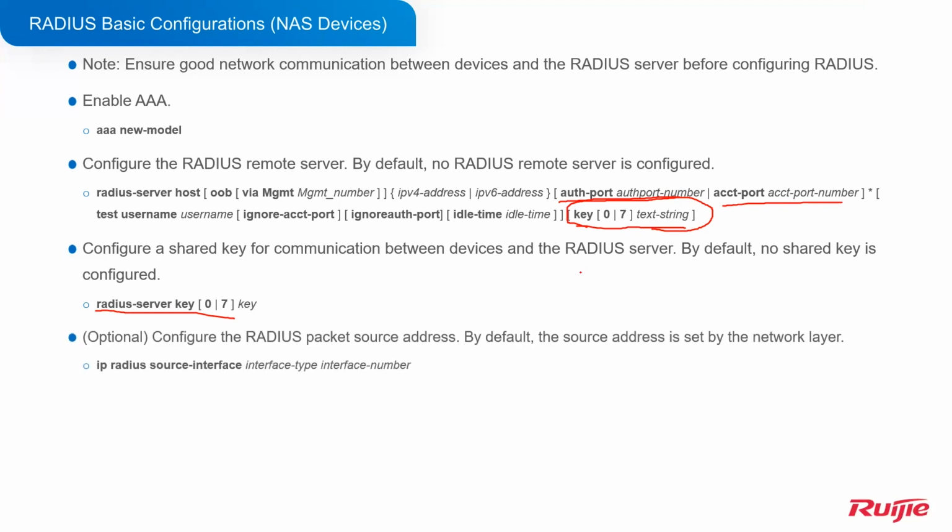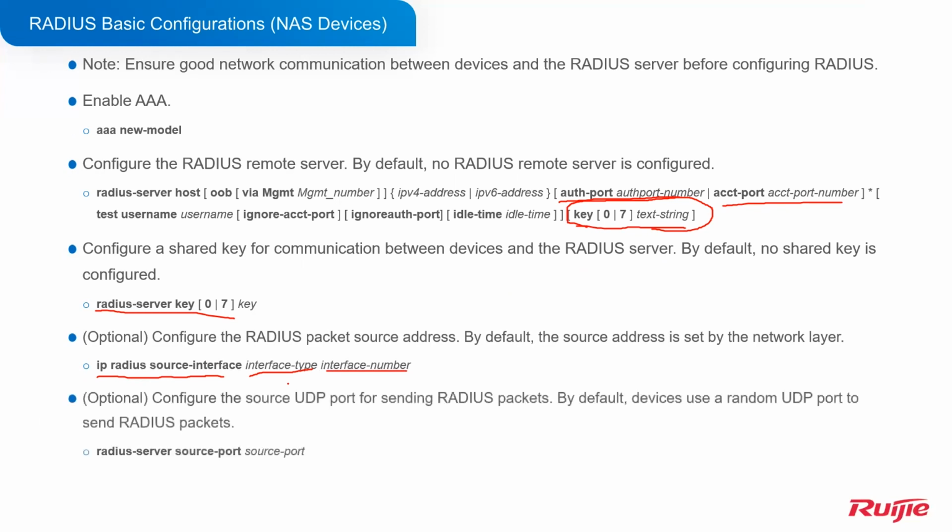By default, the source address is set by the network layer, and the command is ip radius source-interface G0/0, G0/1, or it could be an aggregate port, right? It's similar to what we just introduced. And configure the source UDP port for sending RADIUS packets. By default, devices use a random UDP port to send RADIUS packets. If you want to use a specific port number, you can use this command to configure it.